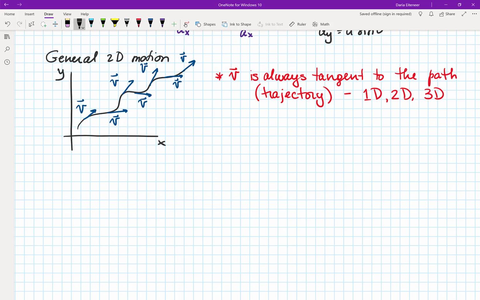There are two more specific kinds of motion that we're going to describe: projectile motion and circular motion. Okay, so we have to consider both of the subcategories of the general motion. And of course, there is any number of different shapes of path, different motions, whatever you want to call it.